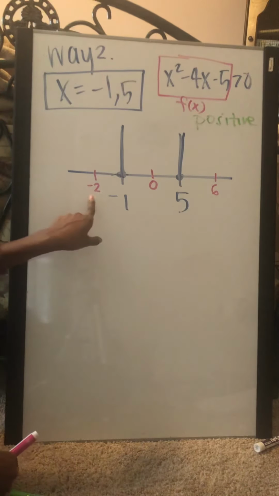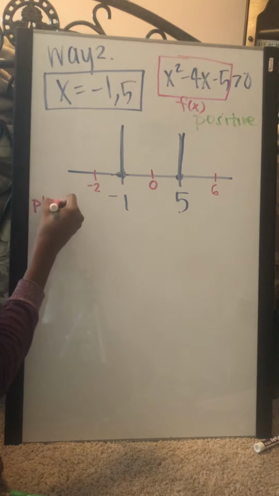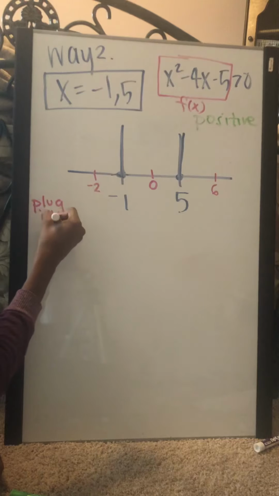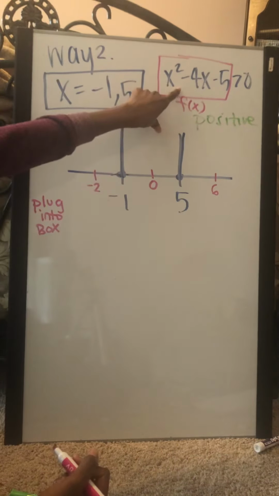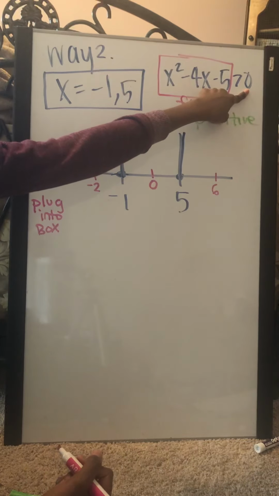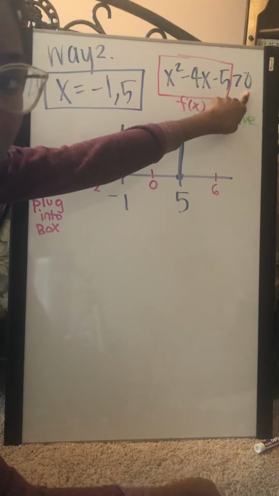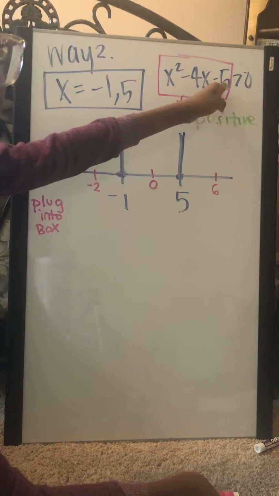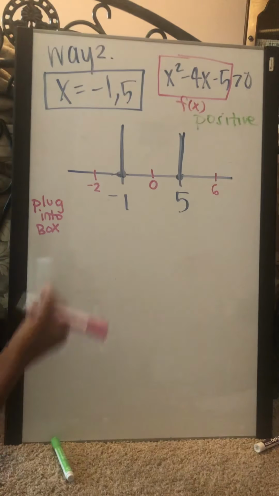So now what we do is we plug these into the box. Remember, you can only have this box if there's a 0 on the other side. So if the problem said less than negative 2, you'd have to add that 2 to the other side and then draw your box. So we plug this into the box.